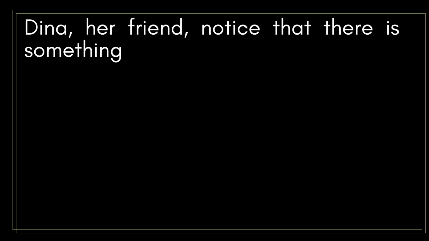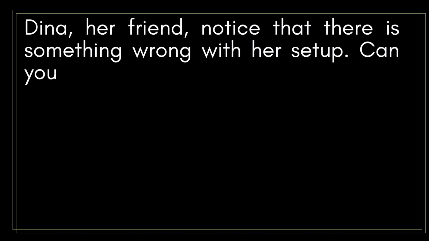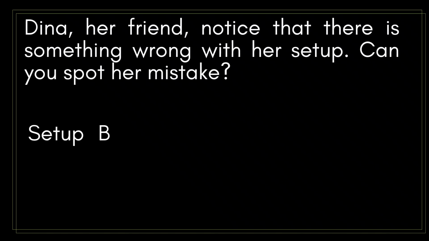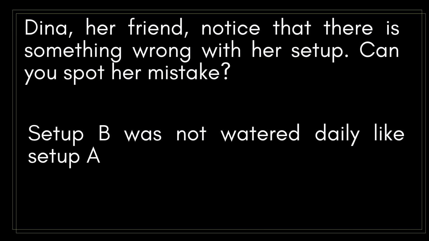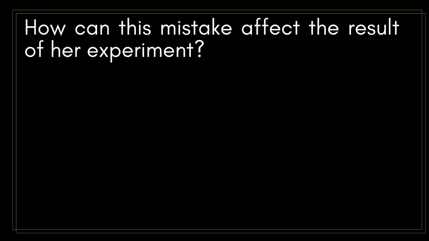Dina, her friend, noticed that there is something wrong with her setup. Can you spot her mistakes? Setup B was not watered daily like setup A. How can this mistake affect the result of her experiment?